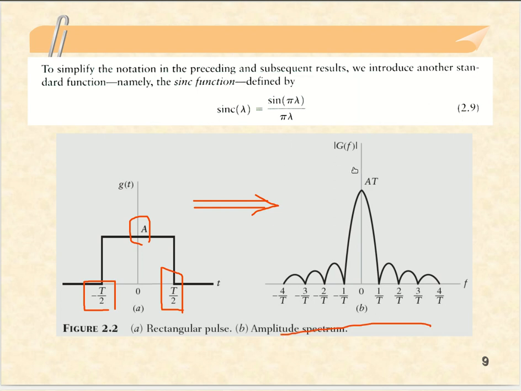Of course, this is the amplitude spectrum. It should be drawn like this, and at infinity it goes to 0. So the sinc function is a very important signal in communication. Let's see why.